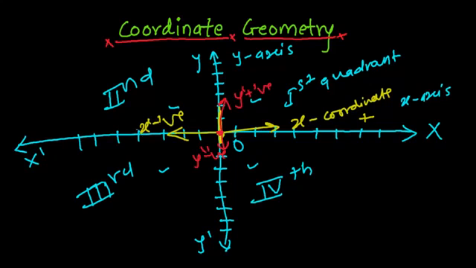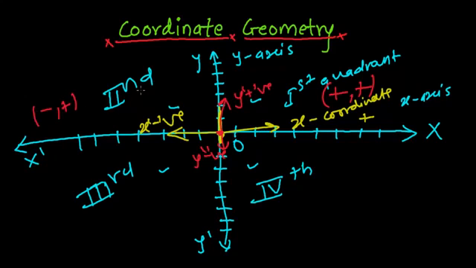Okay, so what can we conclude now? In the first quadrant, x is positive and y is also positive. So x and y both are positive in the first quadrant. In the second quadrant, if you move here, x is negative, but you are moving upward, that's why y is positive.